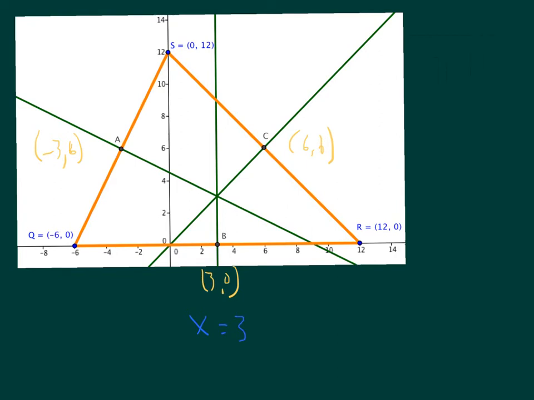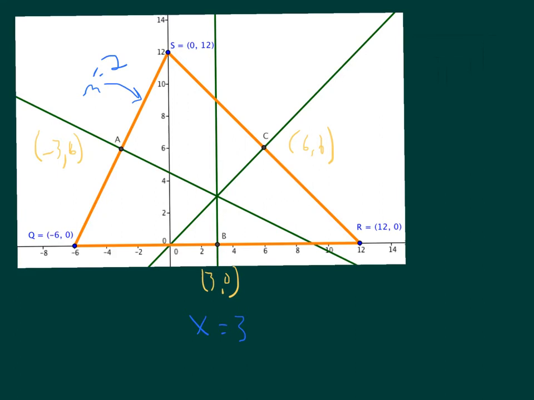The slope of QS, well, QS rises 12 and it runs 6, goes up 12 and over 6. So the slope of this line right here is equal to 2.